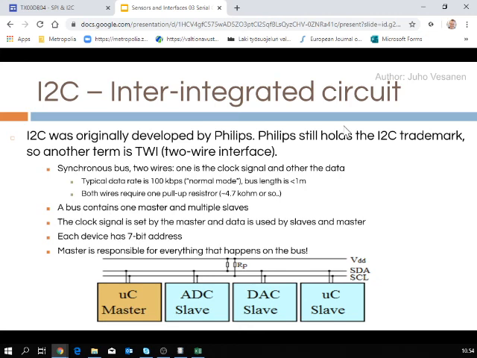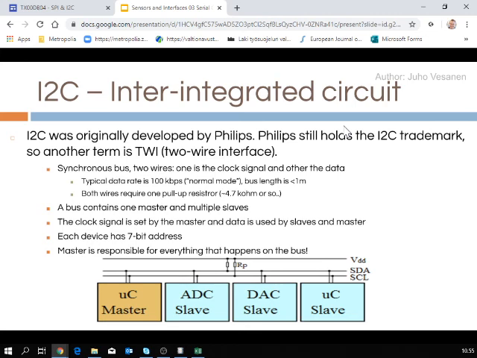Okay, so I2C is a synchronous bus. One wire is asynchronous. As you saw, it was only one wire, so no clocks there. I2C is a synchronous bus, which means it has two wires. One is for data in and out, and another one is clock. The serial clock is driven by the master, and the data is actually a common line.